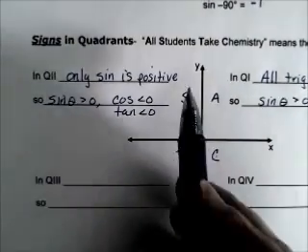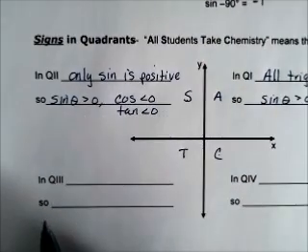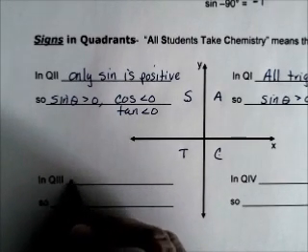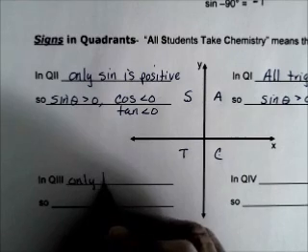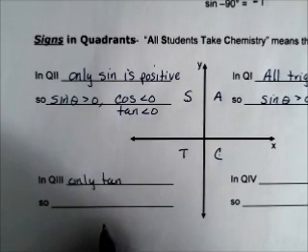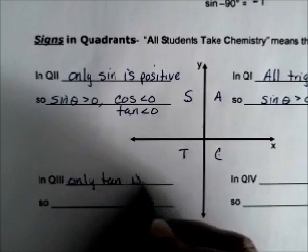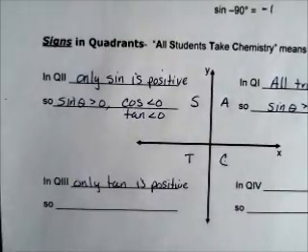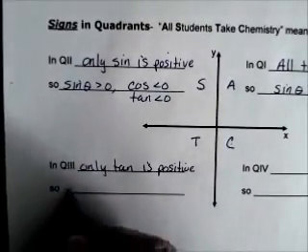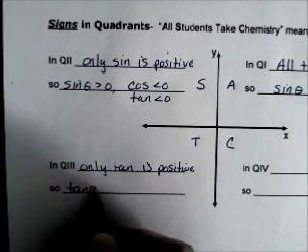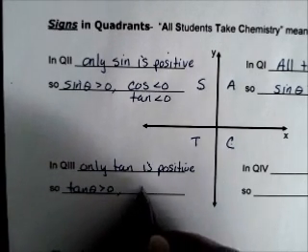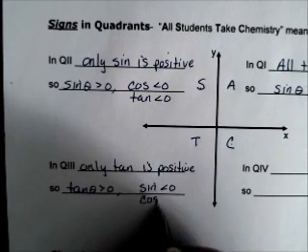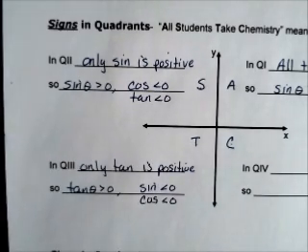In quadrant 3, T is for tangent. In quadrant 3, only tangent is positive. Meaning that tangent theta would be greater than 0, and sine and cosine would be less than 0.